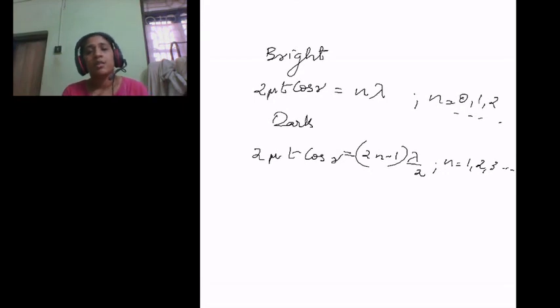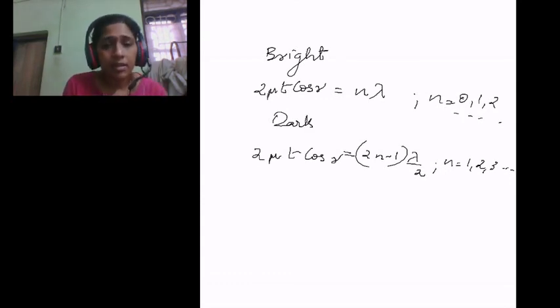The brightness condition is 2 mu t cos r equal to n lambda, where n is equal to 0, 1, 2, 3, etc. And the darkness condition is 2 mu t cos r equal to (2n minus 1) lambda by 2, where n is equal to 1, 2, 3, etc. Therefore, the difference between the reflected and transmitted systems is that in the reflected system, the brightness condition is 2 mu t cos r equal to (n plus half) lambda, and in the transmitted system, the brightness condition is 2 mu t cos r equal to n lambda.